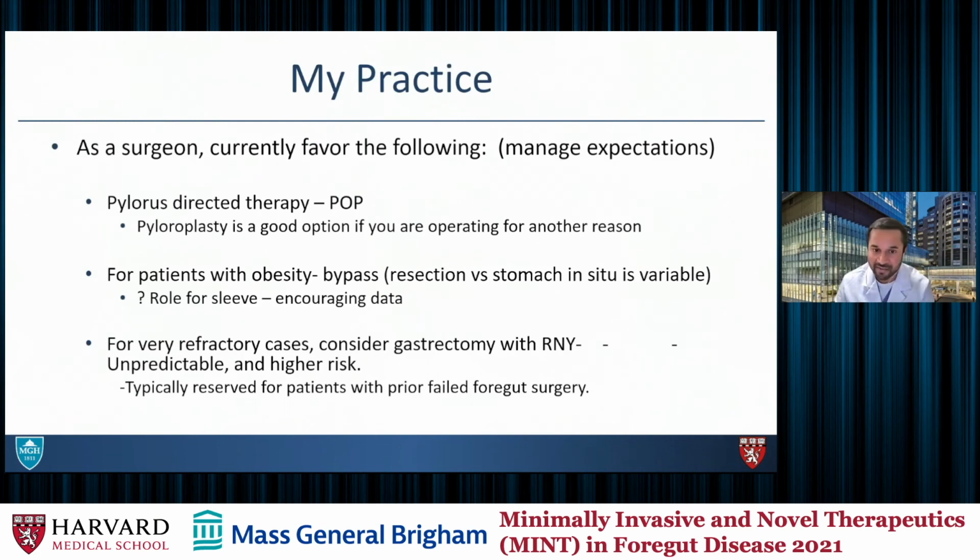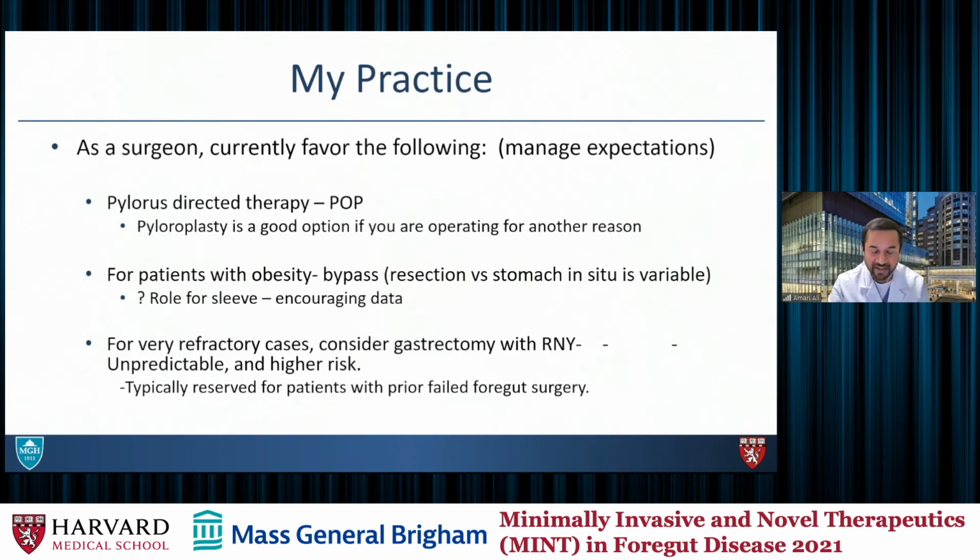As a surgeon, I favor doing a POP, which is a peroral pyloromyotomy, at this time. You can also do a pyloroplasty, which is a good option if you're operating for another reason, such as doing a cholecystectomy or any bariatric surgery at the same time.